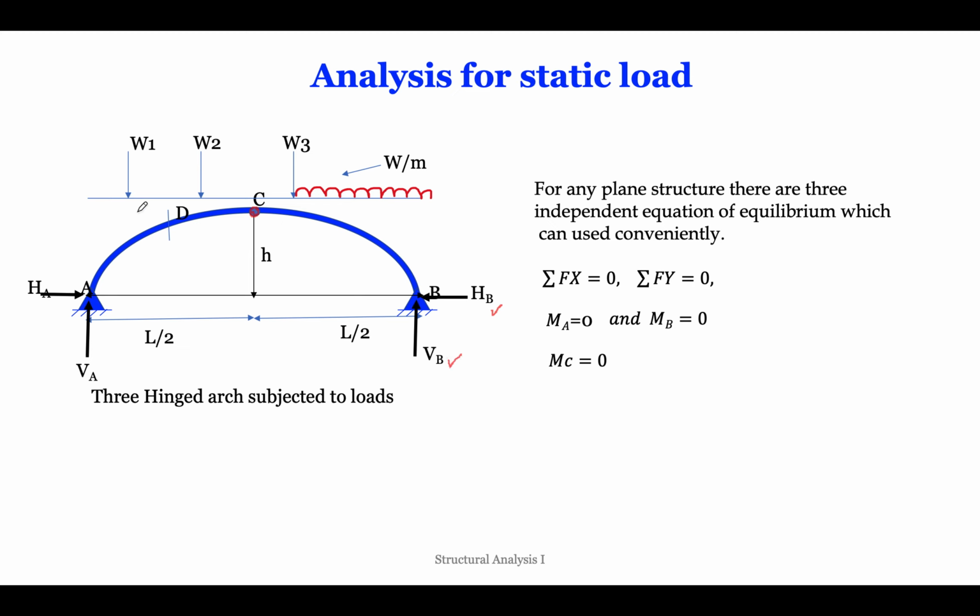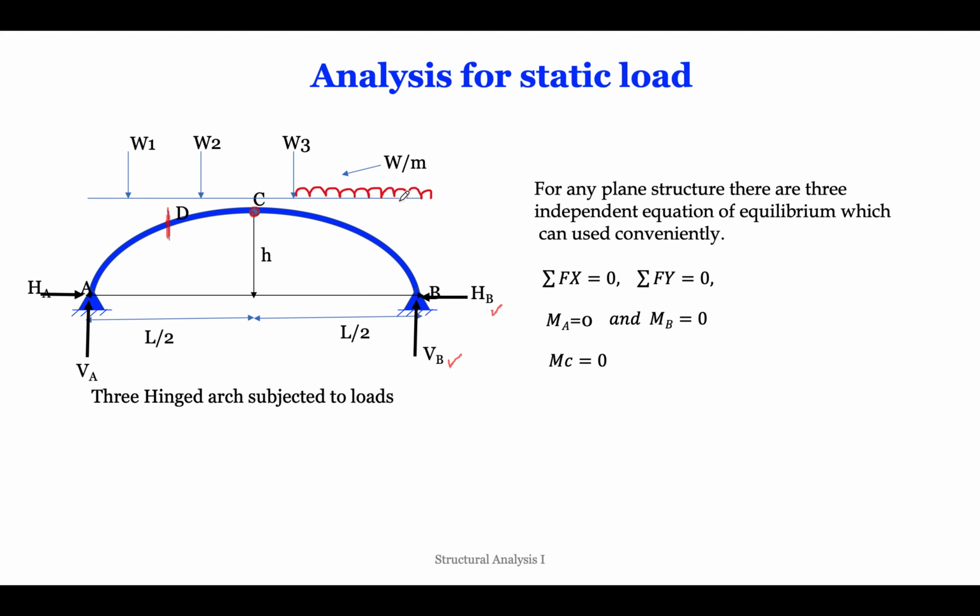There are some loads acting: W1, W2, W3. For this case, our aim is to find out, at any section, at any point D in the arch, what the normal thrust and the radial shear are.